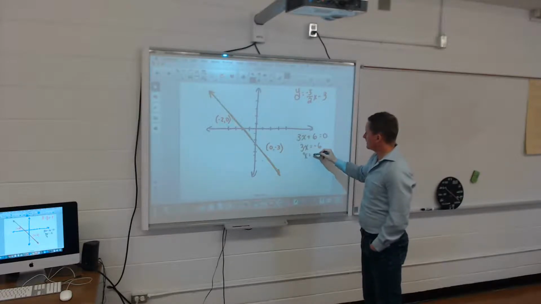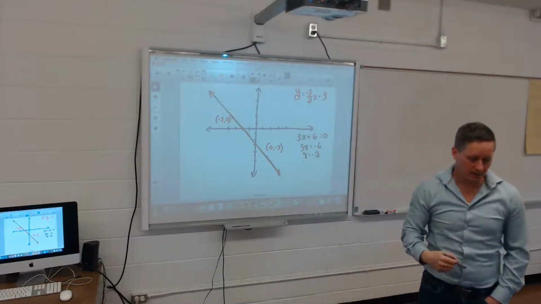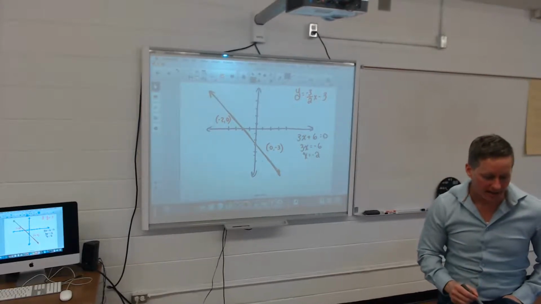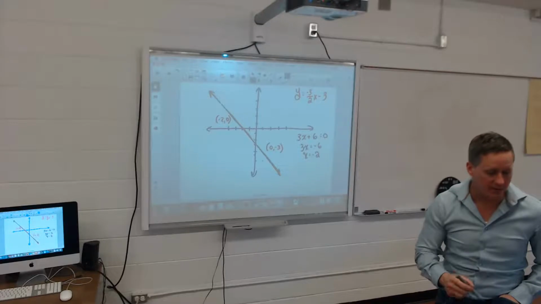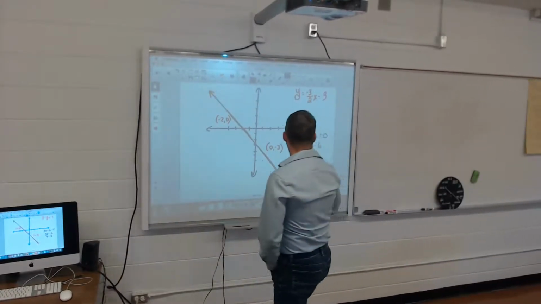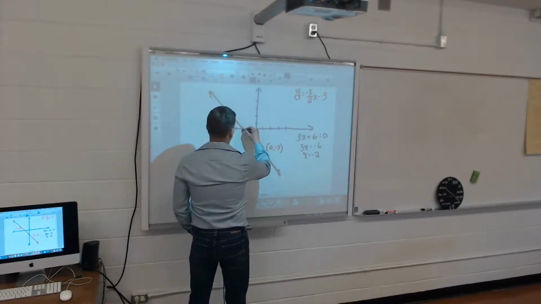I'm going to get x equals negative 2. So what you have to see here is it doesn't matter what y is, x is always going to be equal to negative 2. So what does that look like when I graph it? It looks like this.